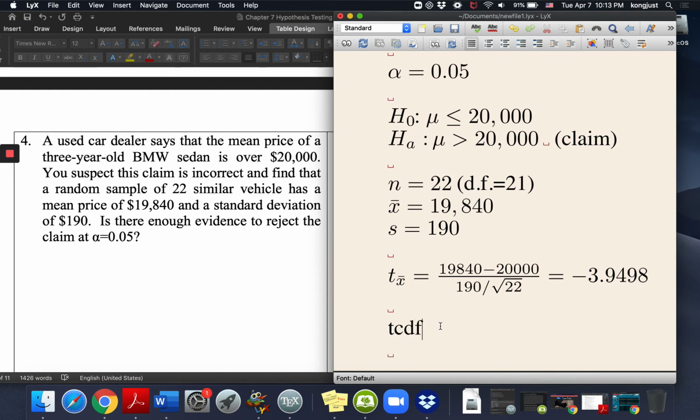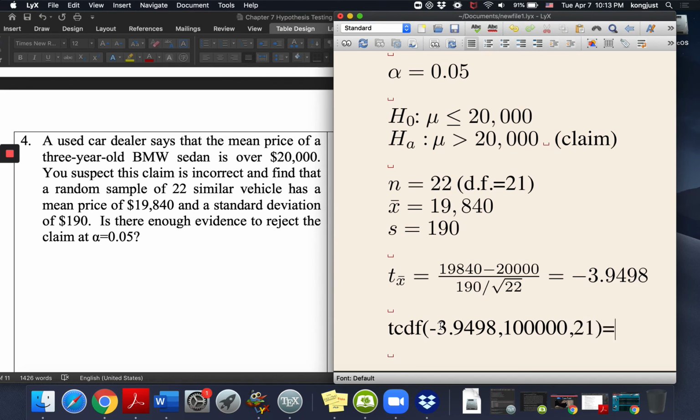So it's tcdf with the lower bound negative, well, we're going to the right, so negative 3.9498, and we're going up to 10,000. And then the degrees of freedom, which is 21.